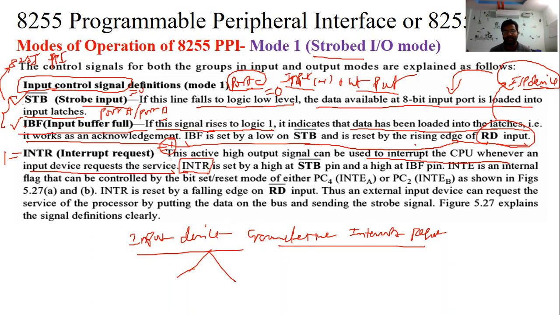Once this is completed, the input device is withdrawn, then the microprocessor reads the data. This interrupt request signal is also generated by the 8255 PPI. These control signals are again given by the port C signals, 4 and 2.